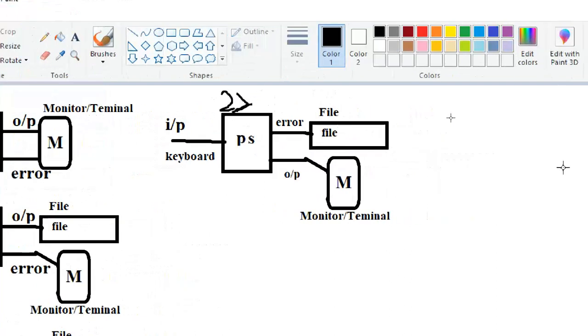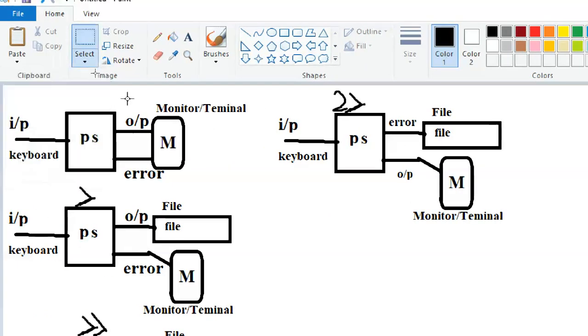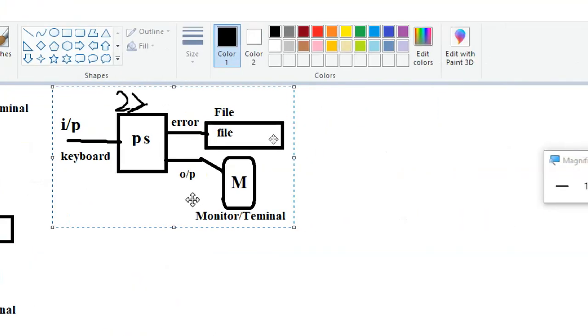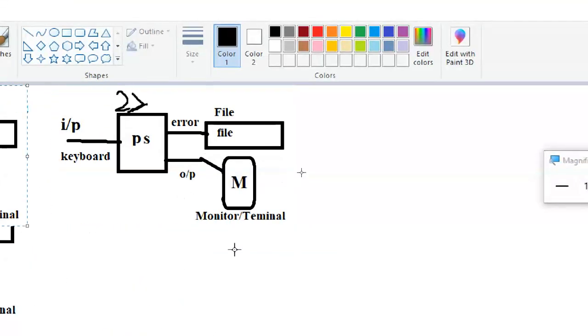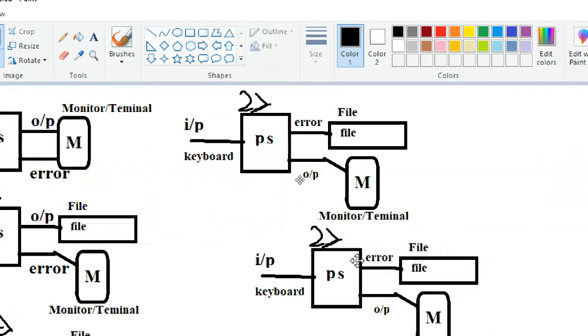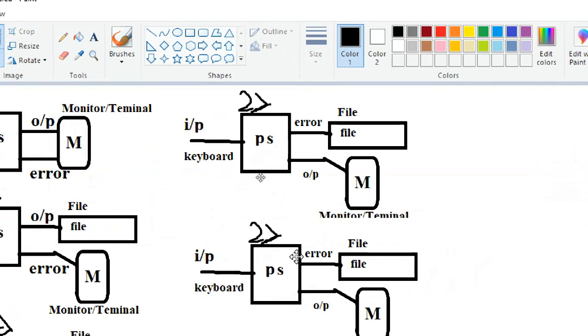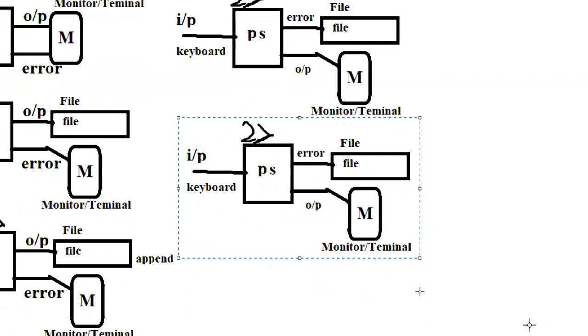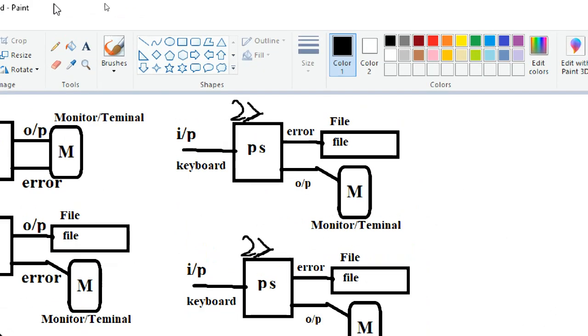So the output is going to the monitor, so you can view your output on the monitor, and the error is going to the file.